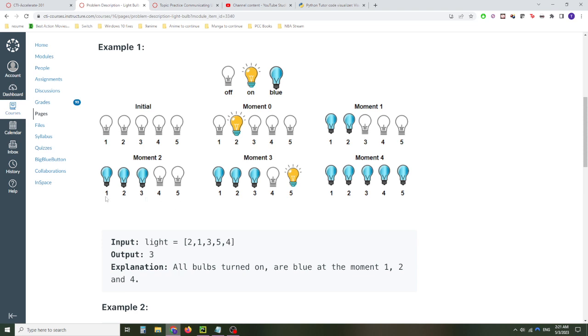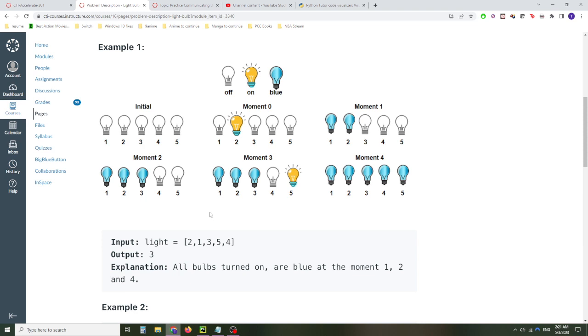So that's when all are blue. Here, 5. The summation of the sequence 2, 1, 3, 5 equals 11. But in this position, position 4, n is equal to 4 because this is the fourth light turned on.